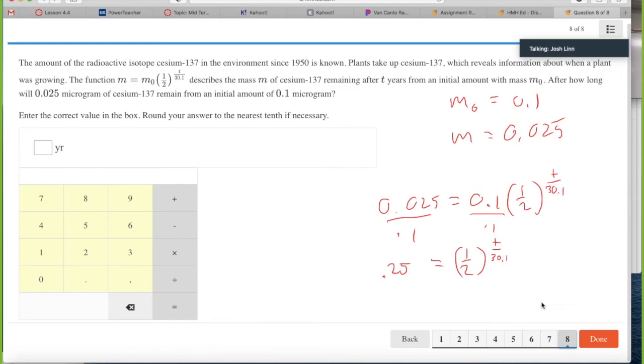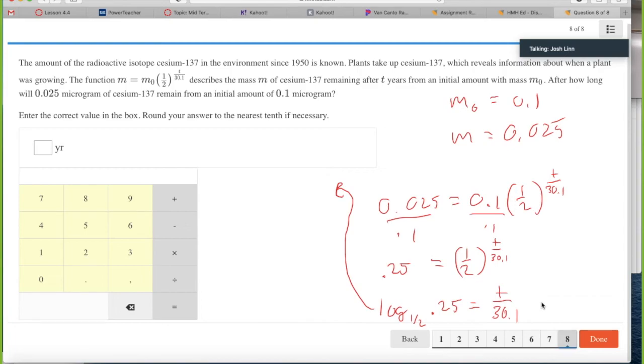So now we can express this as a logarithm. So that's going to be log base 1/2 of 0.25 equals t over 30.1. So I'm going kind of the wrong direction, but whatever.